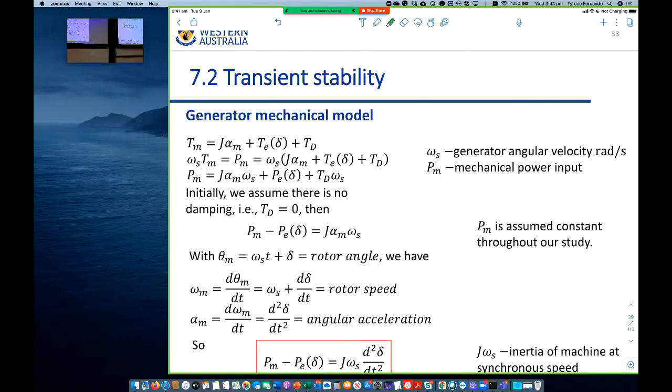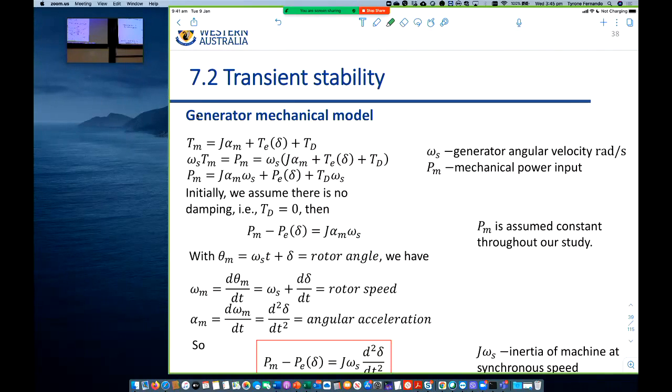And then you can multiply everything, left hand side and right hand side, by omega s, synchronous speed, speed of the rotor, so that torque times speed becomes power. So that's mechanical power.